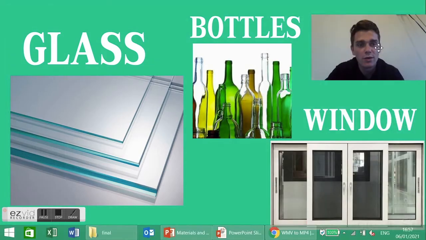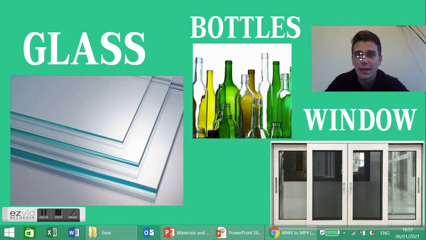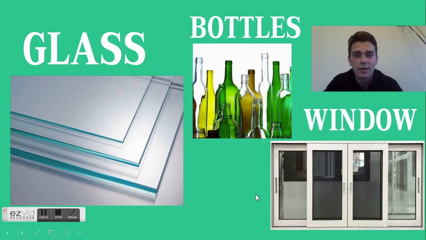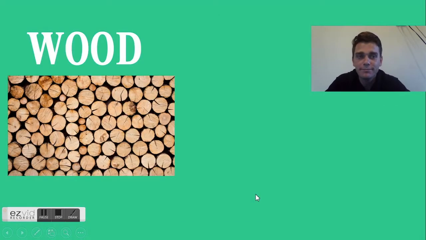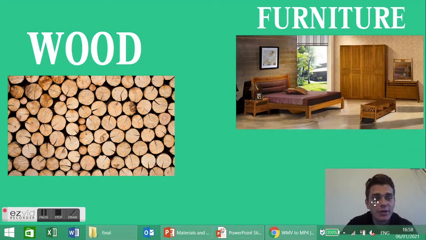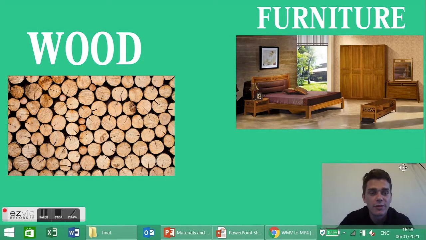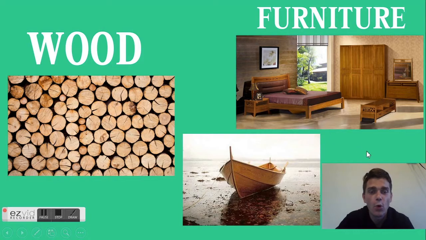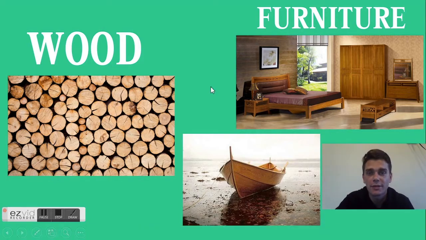Window. Okay, window. Alright. Next one. What is it? Correct. It's wood. What is made of wood? Repeat after me, please. Furniture. Furniture. And board.